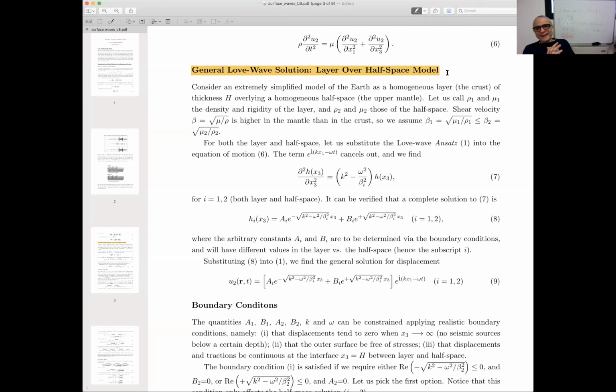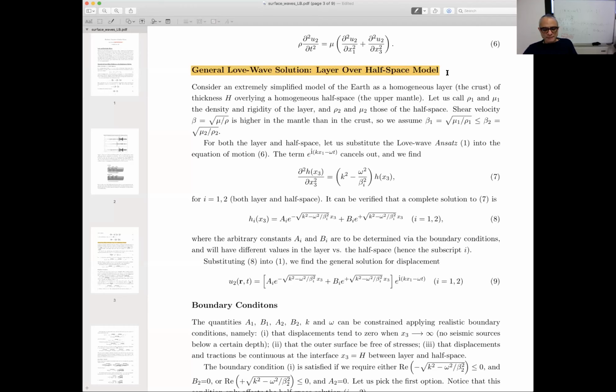So I'm not getting into the details of that, but to obtain Love waves, you need more than just a free surface, you also need at least one discontinuity at some depth below the free surface.